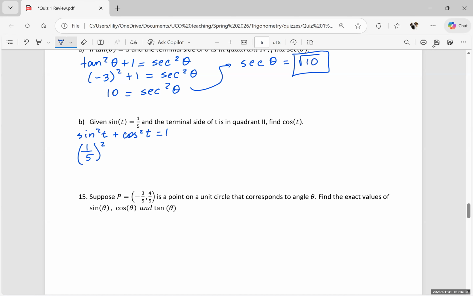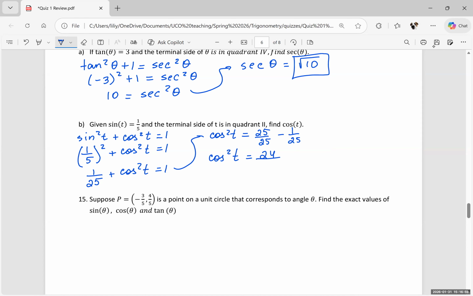We have to square that, plus cosine squared t equals 1. So 1 over 25 here plus cosine squared t equals 1. So cosine squared t equals, I'm going to rewrite 1 as 25 over 25, minus 1 over 25. So cosine squared t is 24 over 25.